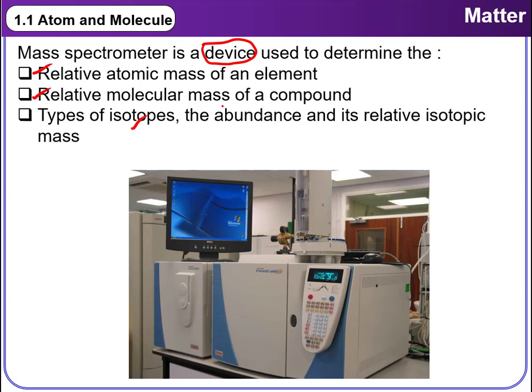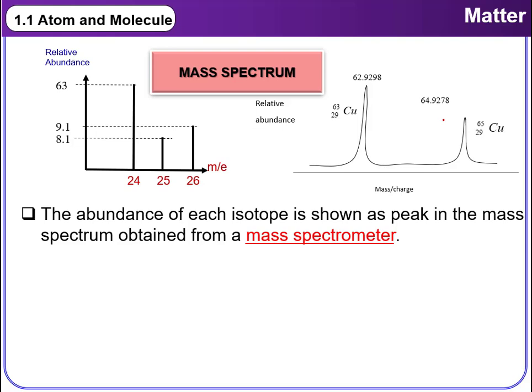So, nak tentukan berapa banyak isotopes. Let's say for chlorine tadi ada 2, untuk bromine tadi ada 2, untuk hydrogen tadi ada 3. So, how many types of isotopes do we have for an element? The abundance, berapa banyak dia melimpah, and its relative isotopic mass, dan berapa the mass for the isotope.